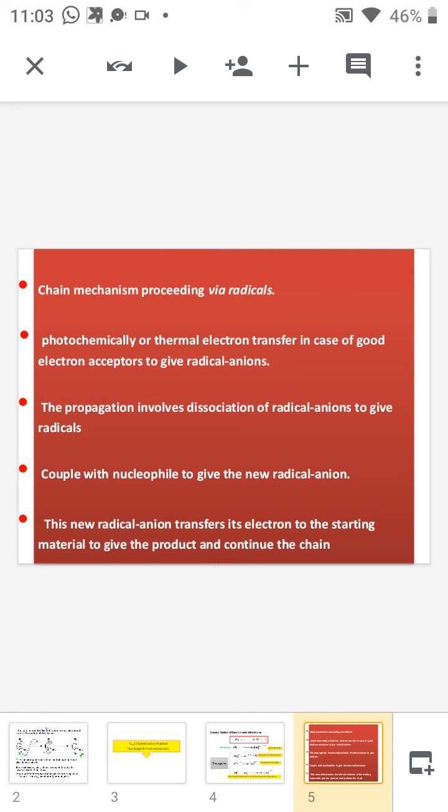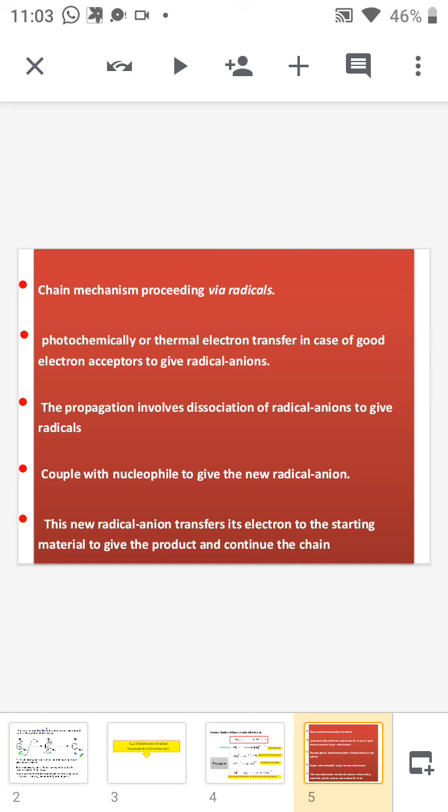Then the radical couples with the nucleophile to give the new radical anion. And in the last step, the new radical anion transfers its electron to the starting material to give the product and continue the reaction.